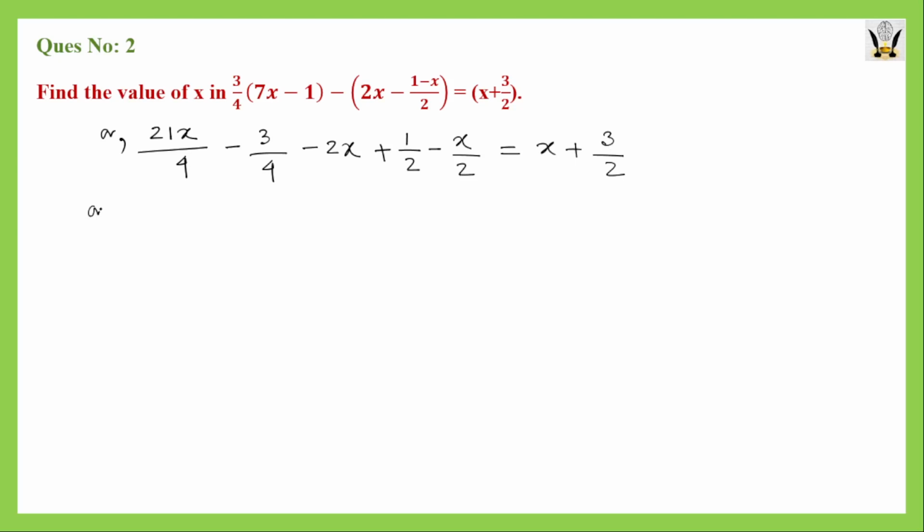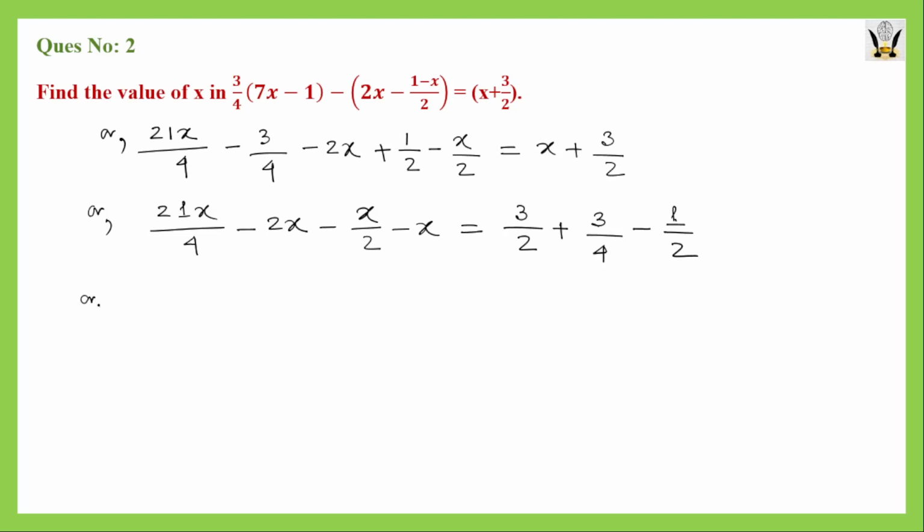Now if we take all the variables on the left side, now we need to simplify both the sides according to their values given. So here the LCM will be 4. So in the numerator we will have 21x, then here we will have minus 8x, then minus 2x, and then again 4 minus 4x, and on the right side we will have again the LCM will be 4.